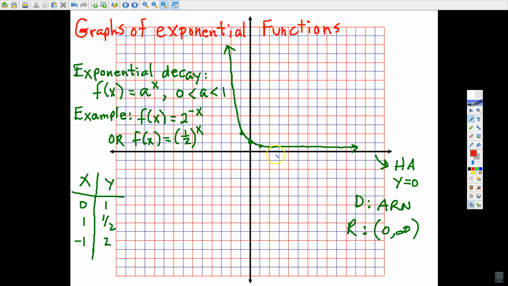That was just the opposite case with exponential growth. As we choose more negative numbers, now the graph is going up pretty fast. Okay, so here's some examples, some ordered pairs. Domain and range are the same, horizontal asymptote, it's the x-axis.